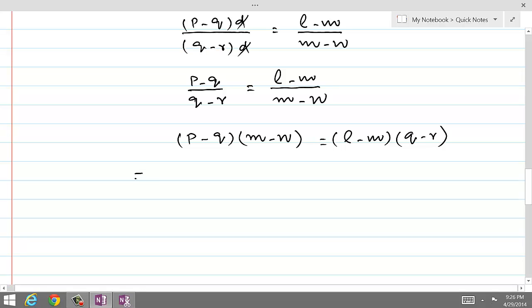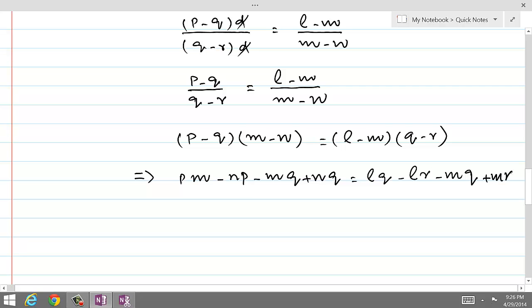So let's multiply this. This will give us PM minus NP minus MQ plus NQ is equal to LQ minus LR minus MQ plus MR. See if we can cancel anything on both sides.